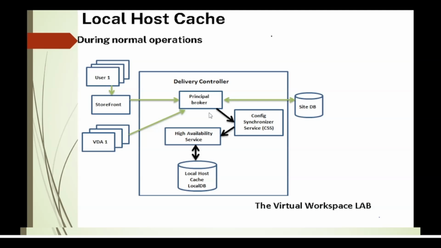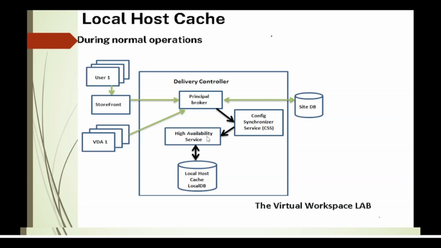If you create a new delivery group and that information is not stored in the localhost cache database, the config synchronization service copies that new configuration from the site database, and that configuration is forwarded to the high availability service.